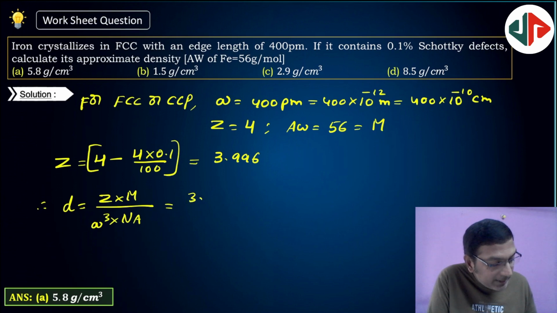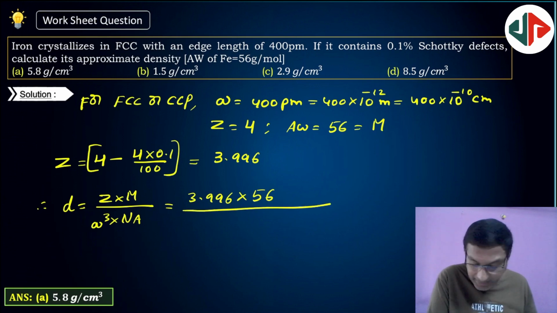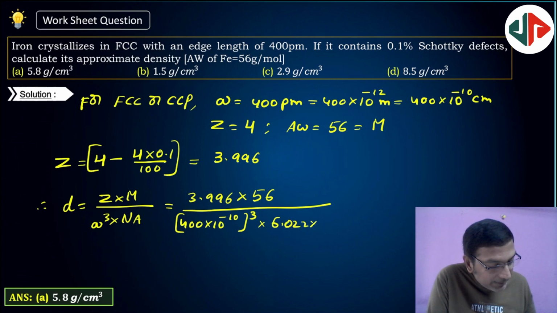So that is 3.996 into M means atomic weight, that is 56, by A value 400 into 10 power minus 10 cube into 6.022 into 10 power 23.